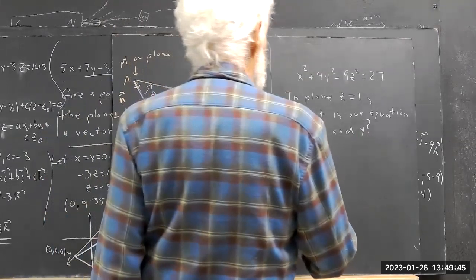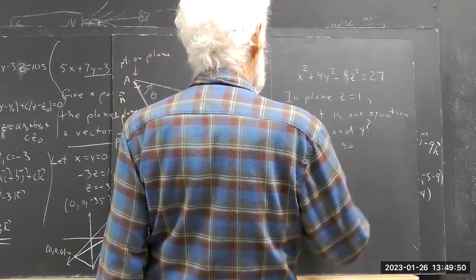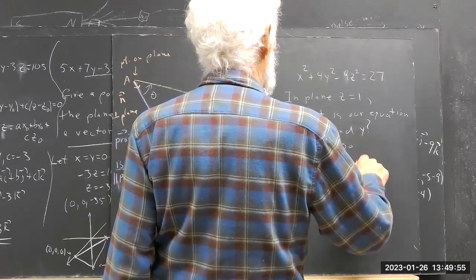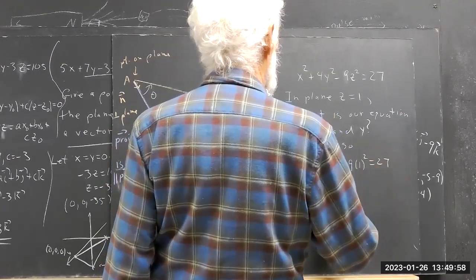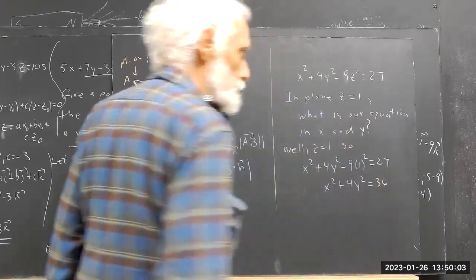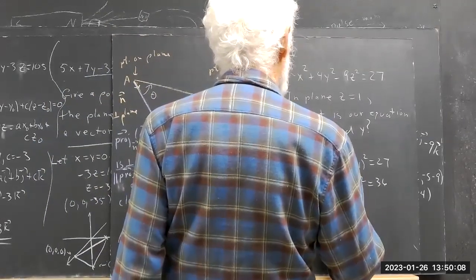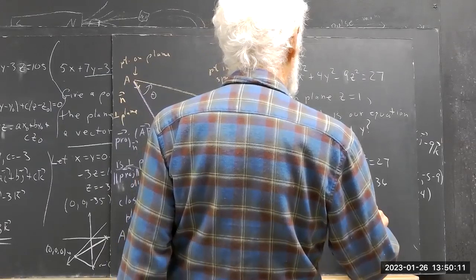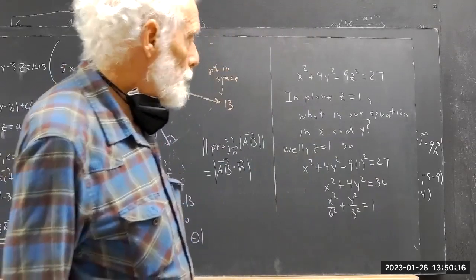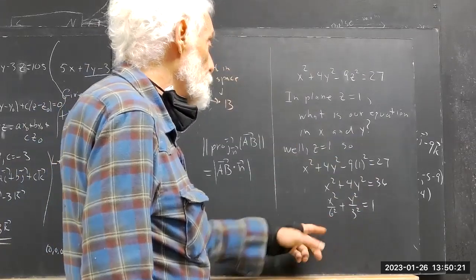Well, that's x squared over 6 squared plus y squared over 3 squared equals 1. Just divide by 36, right? It's the square roots of those numbers.